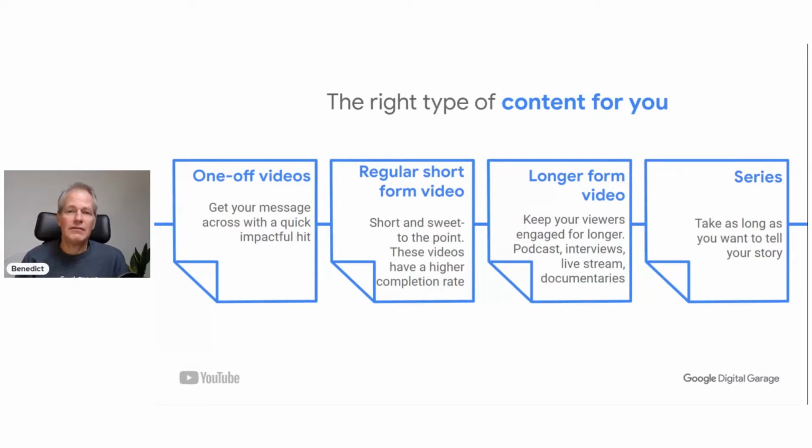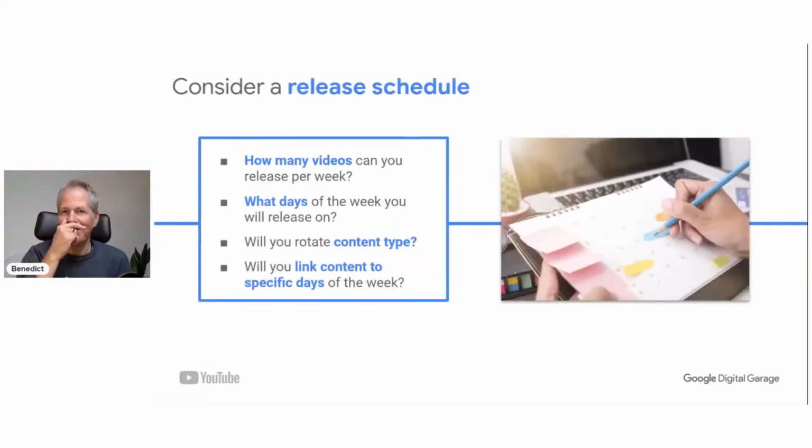It can actually be helpful to create a release schedule as well. If you decide this is when this is going to be out, it gets your mind working. Release schedules are really critical when building and fulfilling audience expectations.